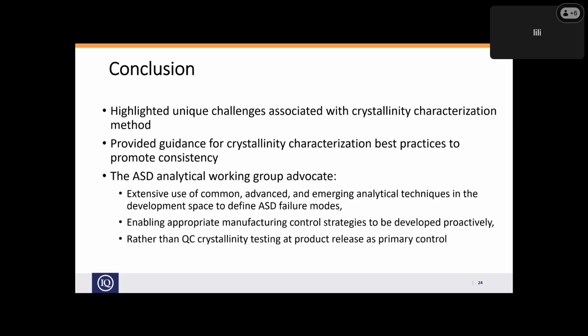With this extensive development work, we will be able to enable no crystallinity test in the QC setting. So even whenever possible, scenario C will be encouraged to the industry.